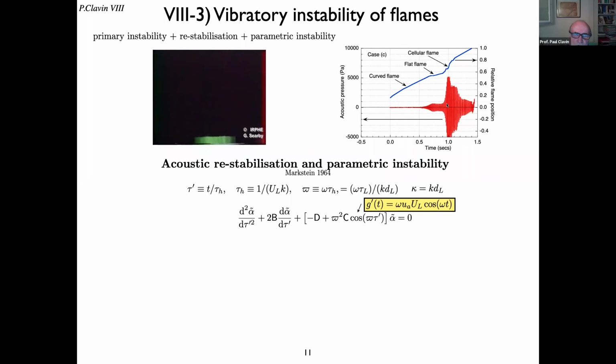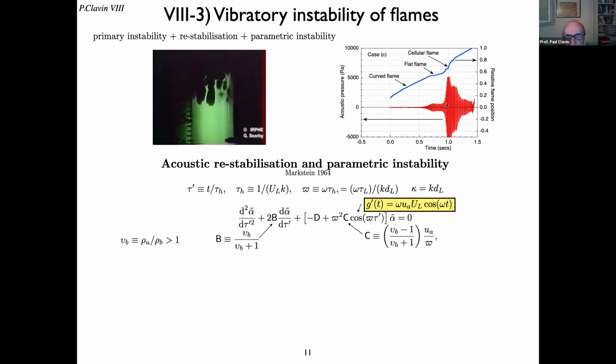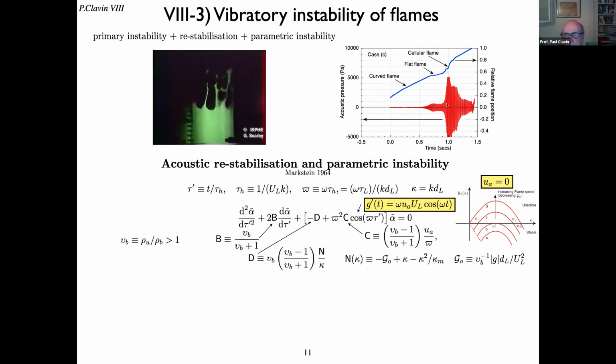Let's say that as a first step, you can either stabilize or destabilize the flame with this oscillatory instability. This is the important point. Here are the equations, but forget about them, and simply keep in mind that when the flame is propagating downward, you may have a range of unstable wavelengths due to the Landau instability.